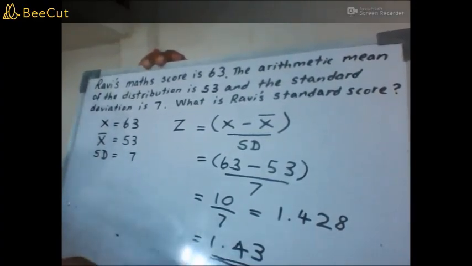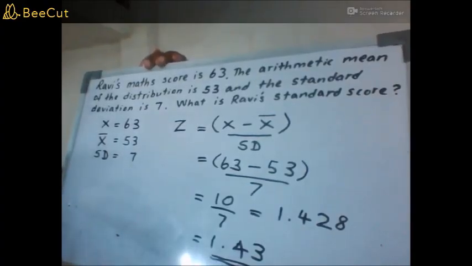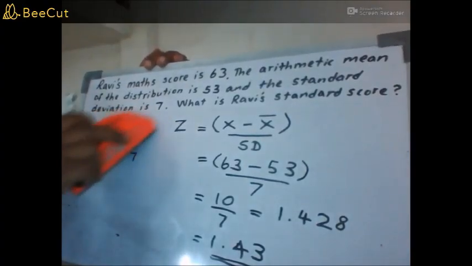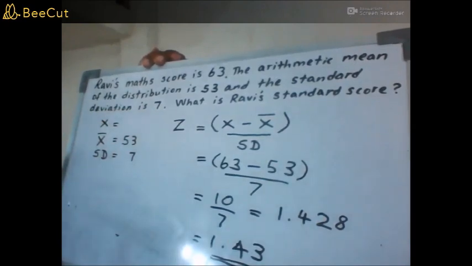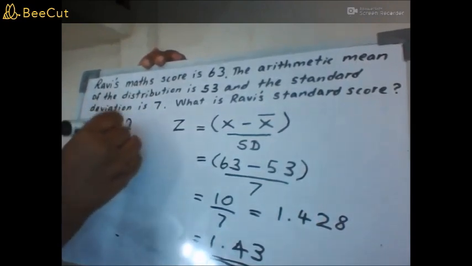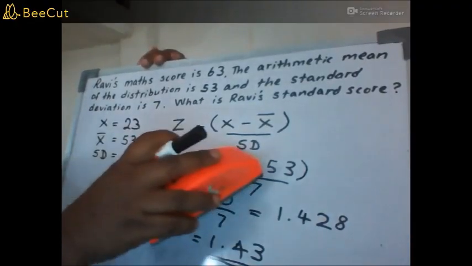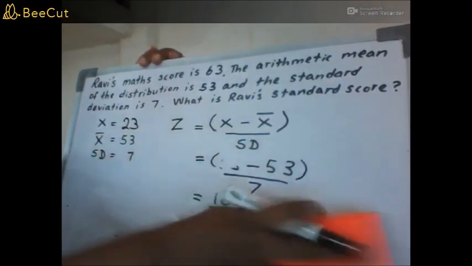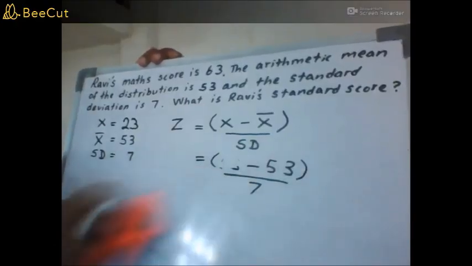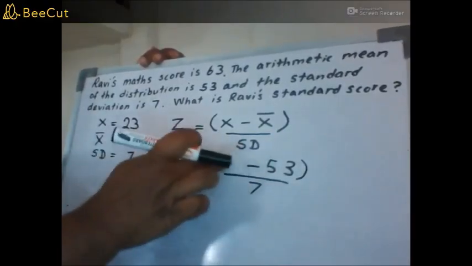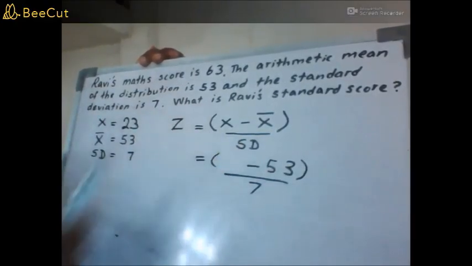Now that's Ravi's one. Dinu has scored a raw mark of 23. Now we have to find Dinu's Z score.